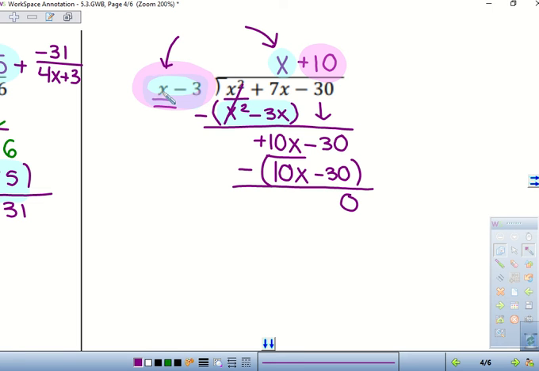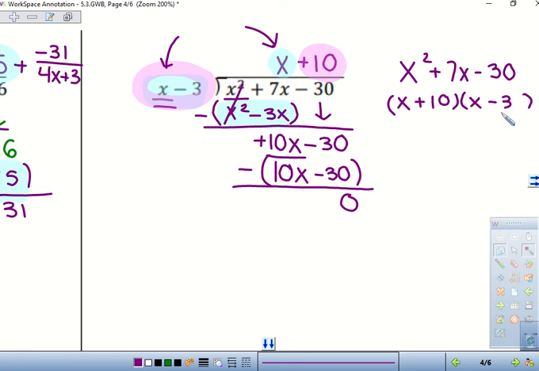So that means that both x minus 3 and x plus 10 are factors of x squared plus 7x minus 30, which makes sense because if I were to just look at this, we would look for factors of negative 30 that add up to 7, and you would say positive 10 and negative 3. See how those are both factors of that original polynomial.